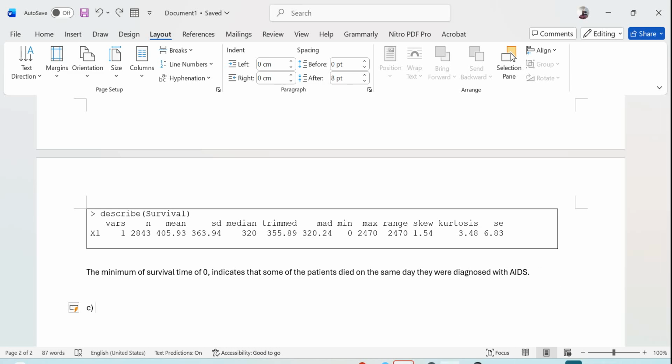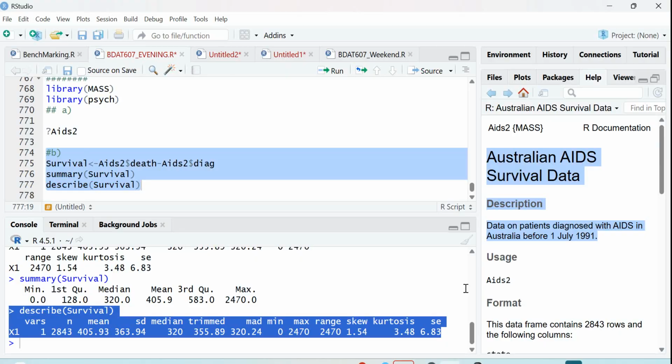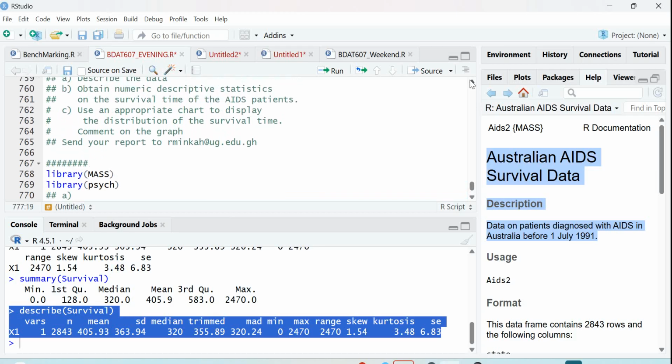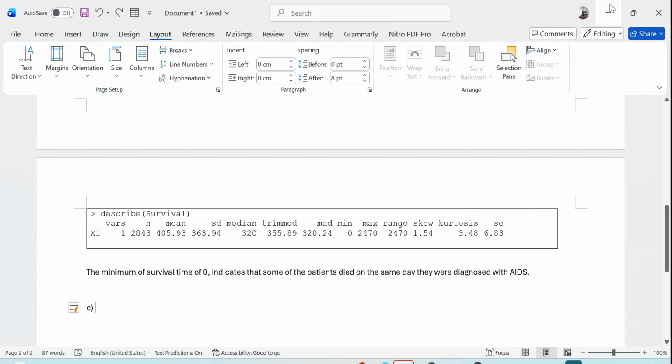So let's see, the C part was what? Use an appropriate chart to display the distribution of the survival time. Comment on the graph. What do you have to do?